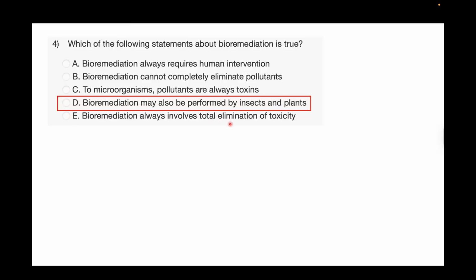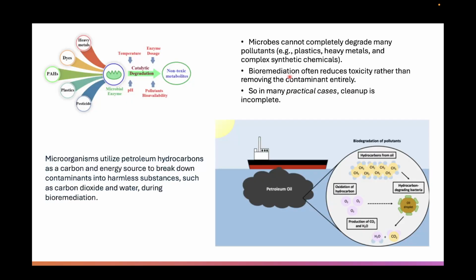Total elimination of toxicity, not true, and cannot completely eliminate pollutants, which is partly true, because some pollutants cannot be completely eliminated, while there are some pollutants like hydrocarbons or petroleum which can be broken down into harmless substances such as carbon dioxide and water during bioremediation, because microbes use them as the source of their energy.